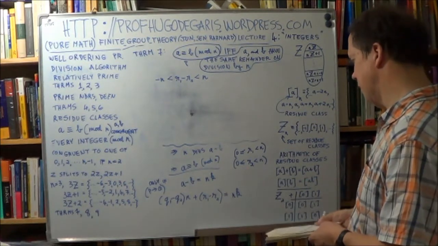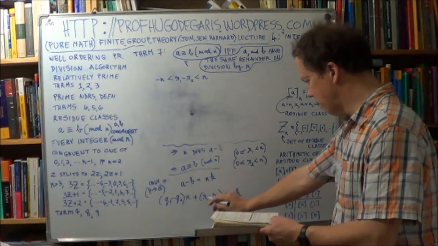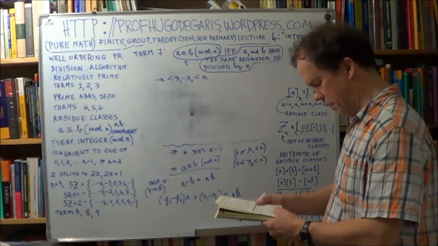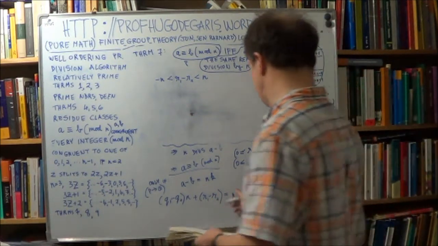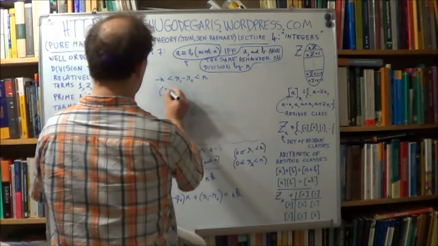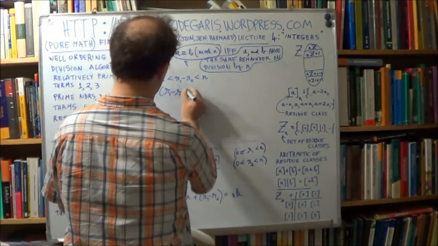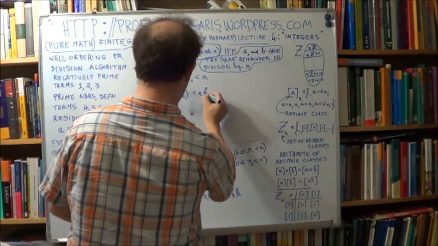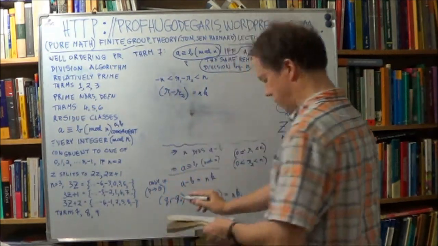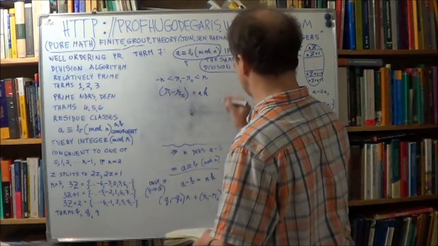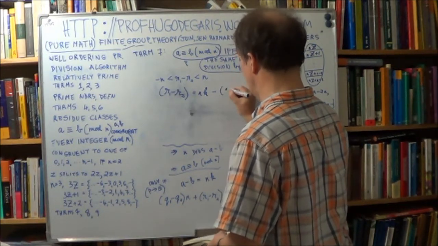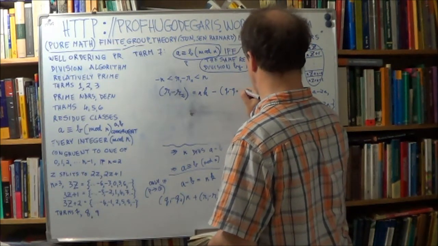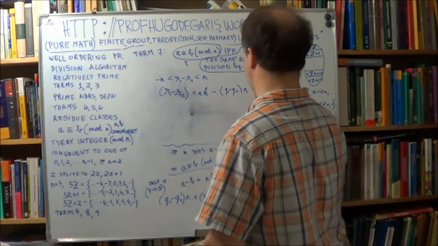Alright, now let's rewrite this a little bit. So let's rearrange this. So R1 minus R2 is equal to nk minus, you just take this over, minus Q1 minus Q2 times n. Okay?